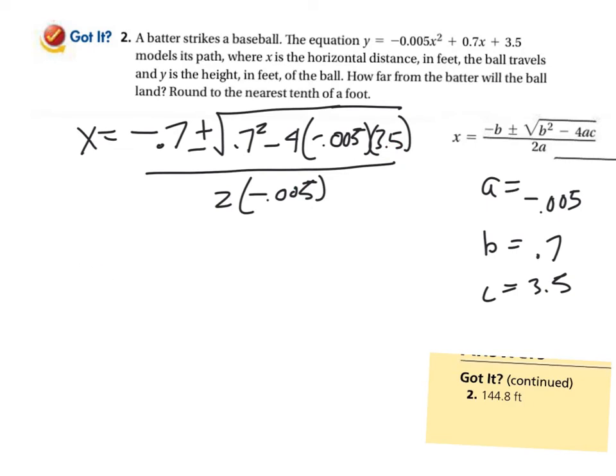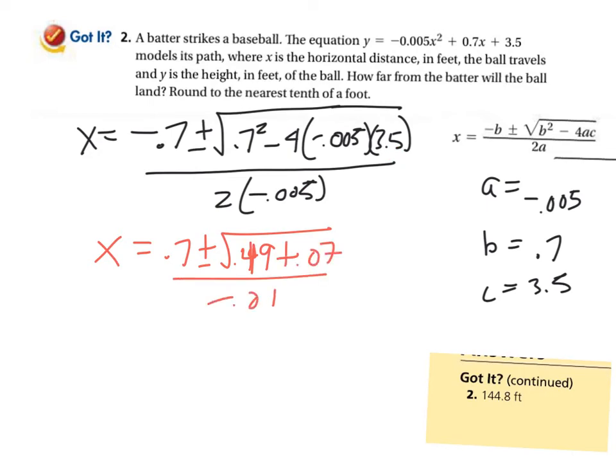So we're going to end up with x equals that 0.7 on the outside plus or minus, on the inside, 0.49 plus 0.07, all that divided by negative 0.01. X equals, now we've got negative 0.7, oops, I did drop it up here, didn't I?